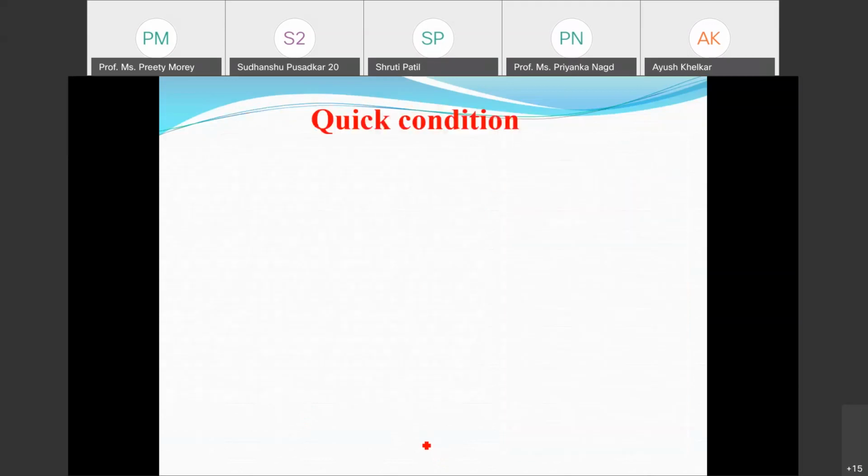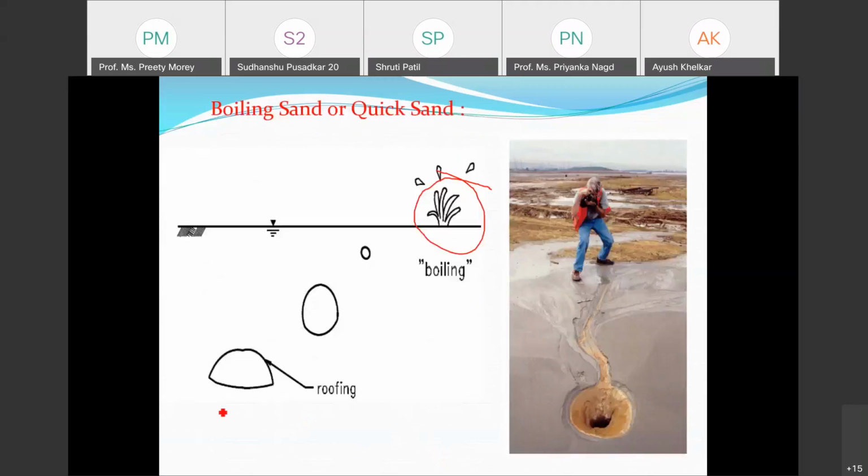Earlier we had seen that if I consider this point here, this point is subjected to this much stress, gamma into h. This is the stress condition here. Now suppose the water is flowing in the upward direction.